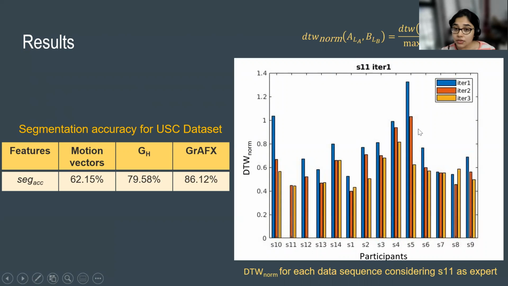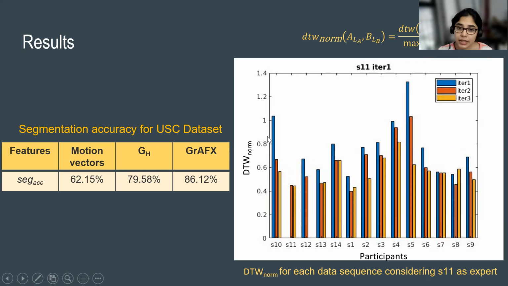So this is an interesting figure. As I mentioned, the DTW is normalized by the maximum of the lengths of the two data points. Here the blue color means each participant's first iteration, red means the participant's second iteration, and yellow represents the participant's third iteration.